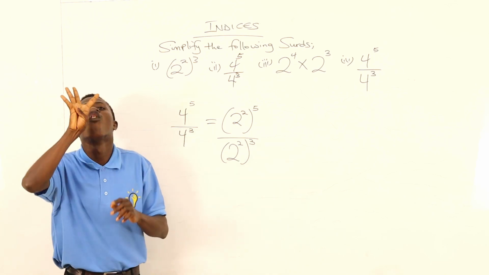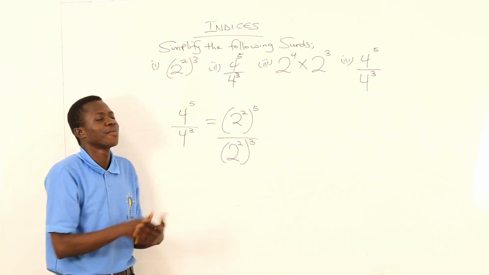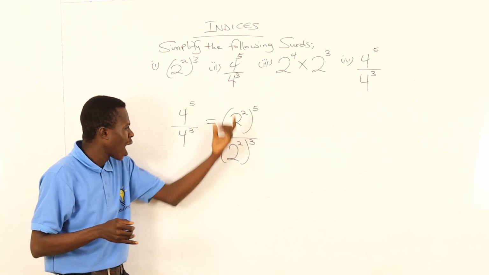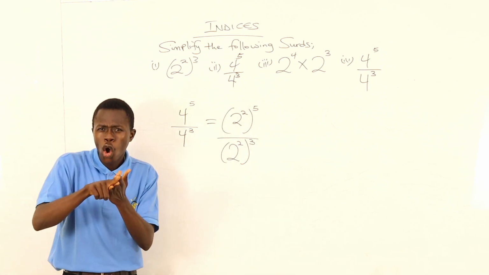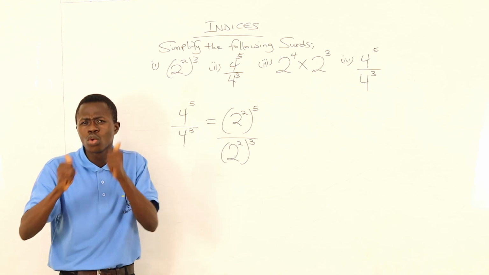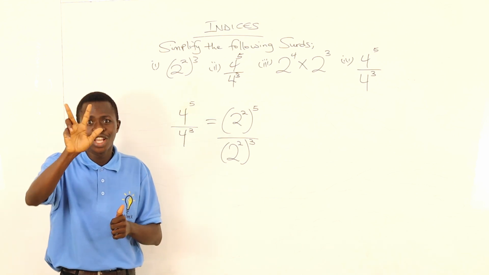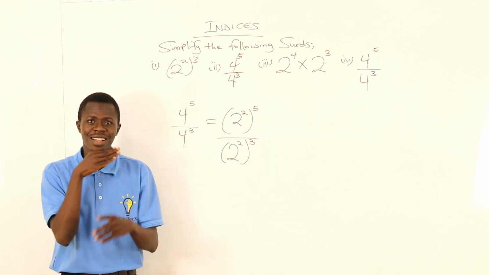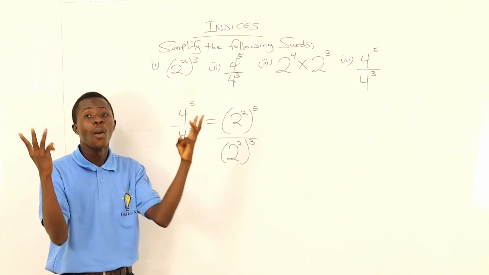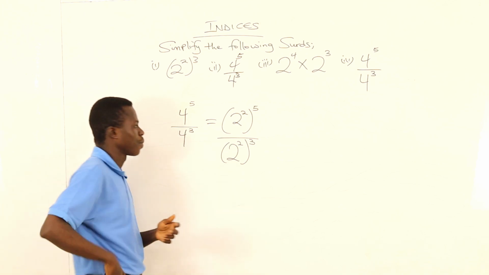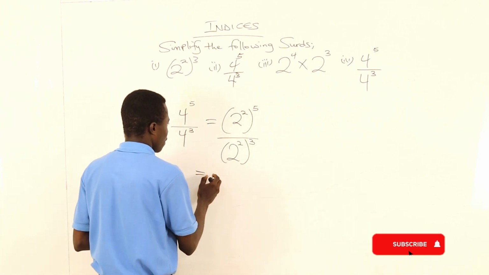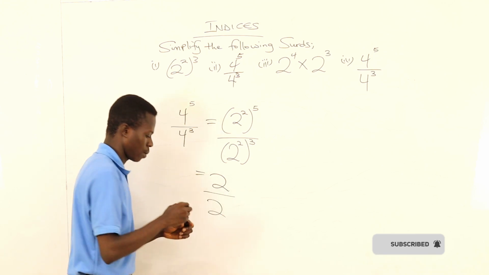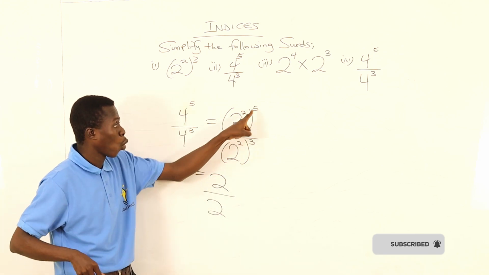Now, we know that when the exponents are multiplying each other, we can have 2 multiplying 5, when we are applying law 3. And then we can also have 2 multiplying 3. So let's write that and see.